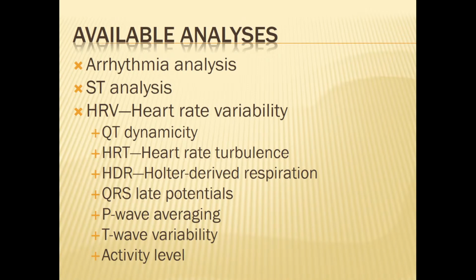Heart rate variability includes different analyses and mostly shows us the tone of the nervous system, sympathetic and parasympathetic. And I want to show you some pictures from a 24-hour ECG.